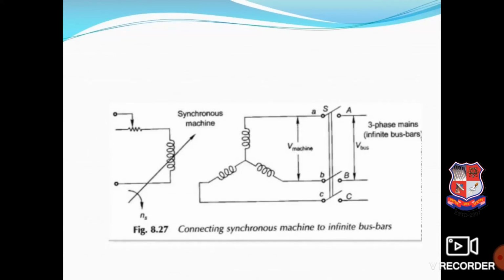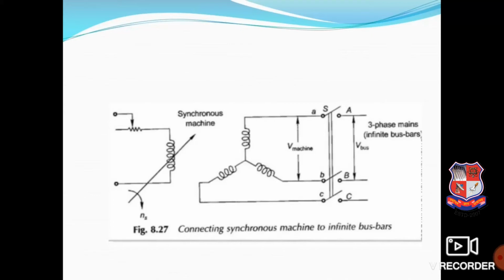For satisfying all the conditions, we have to connect the alternator in the proper way. Here the simplified diagram of the alternator is shown, in which the excitation system is also provided. On the right hand side, the bus bar terminals are connected. The switch is kept open before the synchronization.